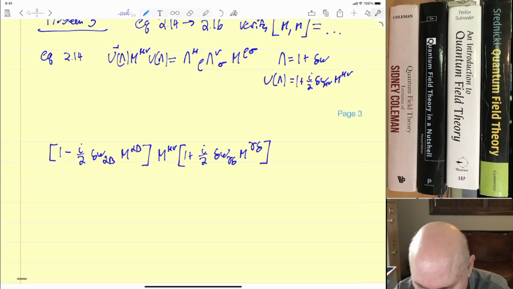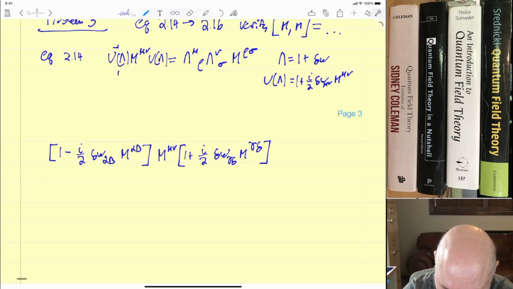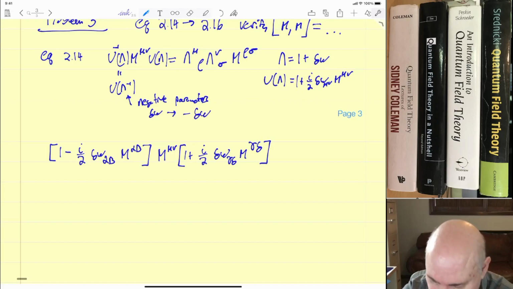Now, two things to note. Since we had U inverse lambda, we know that this is equal to U of lambda inverse. That simply means to take negative parameters. When we have the inverse of a Lorentz transformation, we just take the negative parameters. Here the parameters are delta omega, so delta omega goes to minus delta omega. Simple as that.